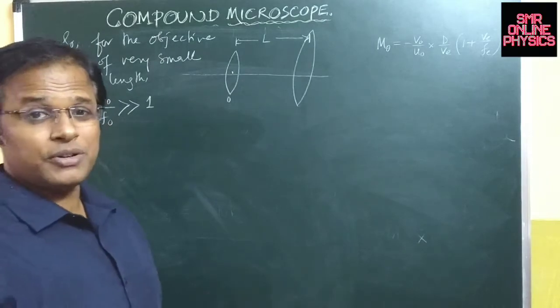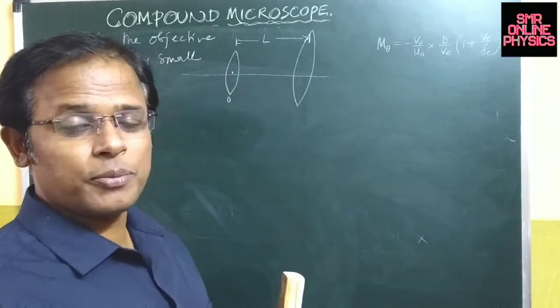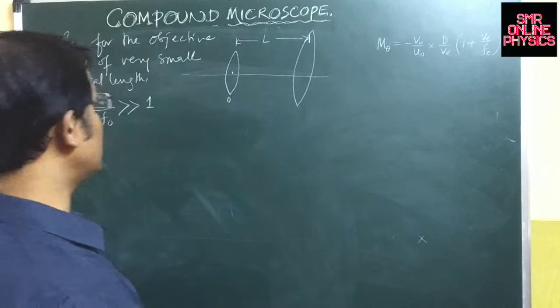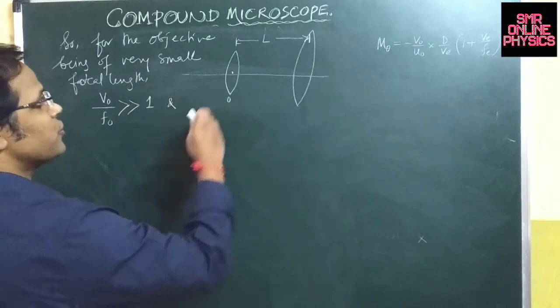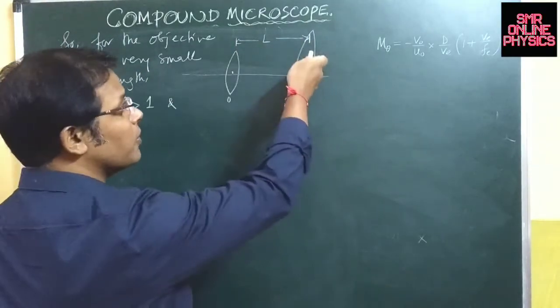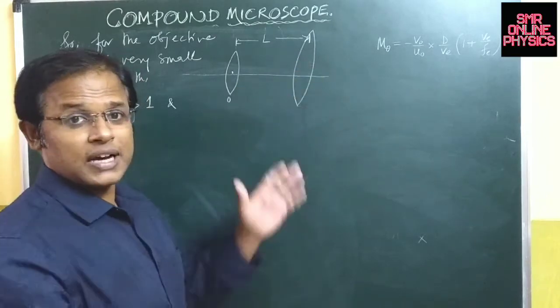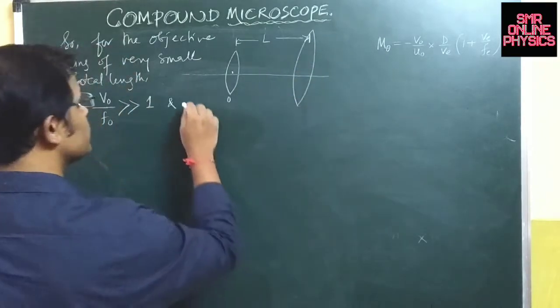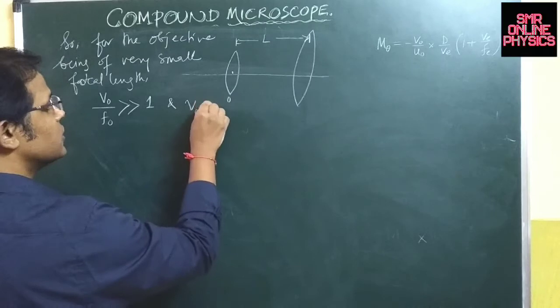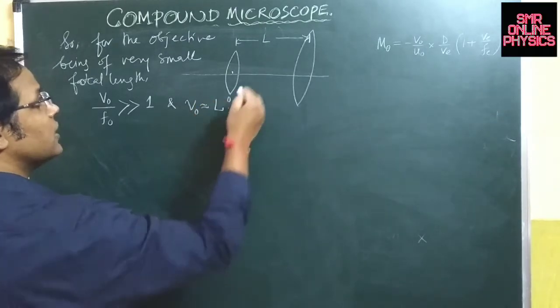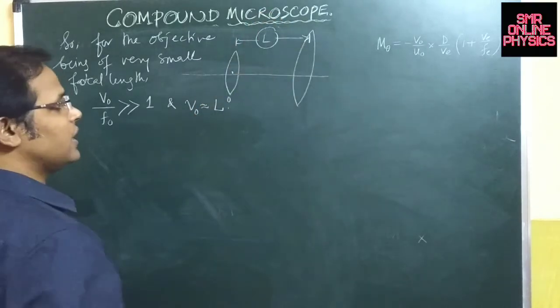F naught can be really small, so the ratio V naught by F naught can be much larger than 1, and the image will be formed very close to the eyepiece. So you can approximate V naught as almost equal to the distance between the two lenses.